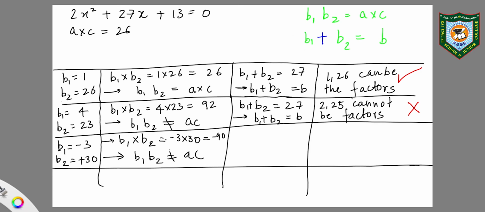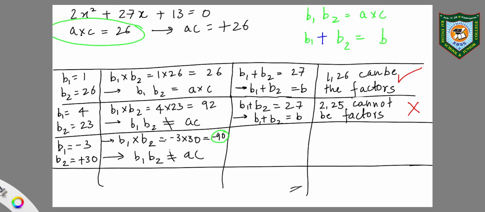Now, the one thing that you need to understand is that when I multiplied b1 b2 in this third case, I have a negative sign over here. It is very important to see that my AC has no negative sign. That means this value of AC is positive 26. The sign also matters everywhere. So the product of b1 b2 in this particular case has to be positive, it cannot be negative. So any of the factors that I choose for values b1 and b2 cannot be negative.